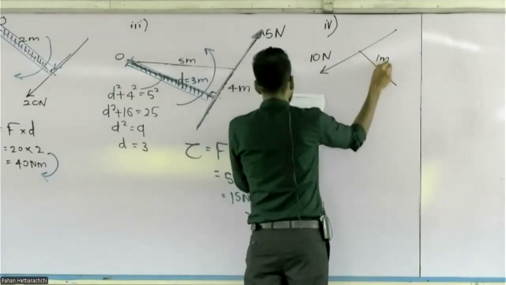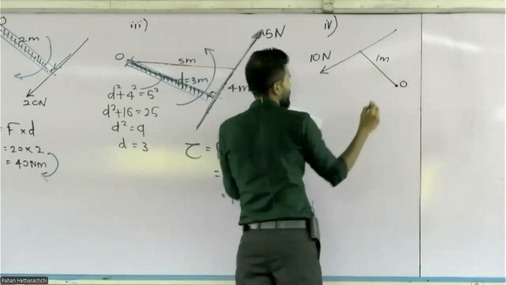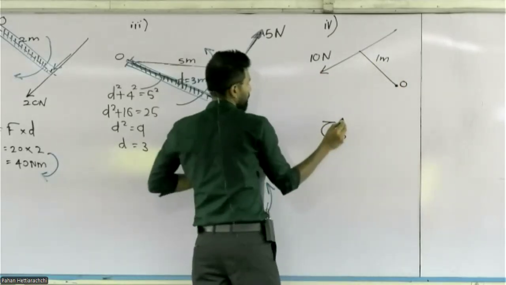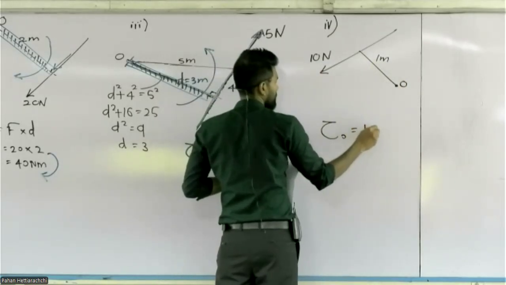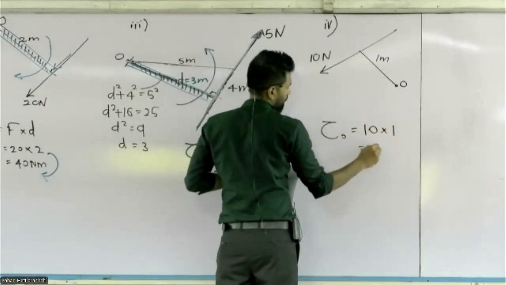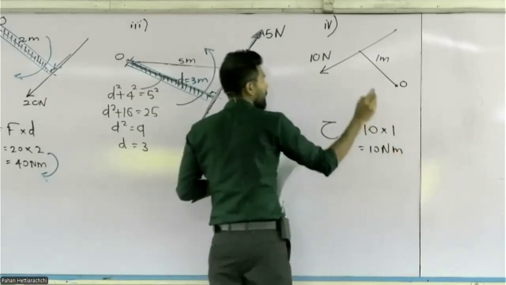There's a perpendicular length of 1 meter to the considered point O. Moment over point O is equal to force 10, distance 1, 10 Newton meters.